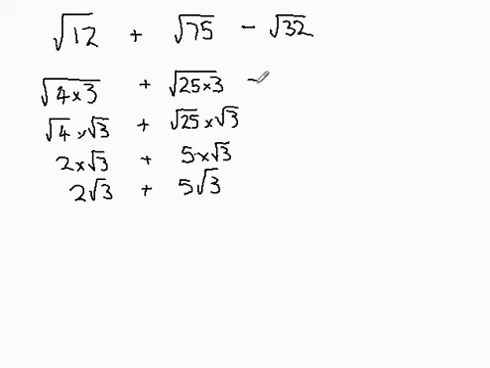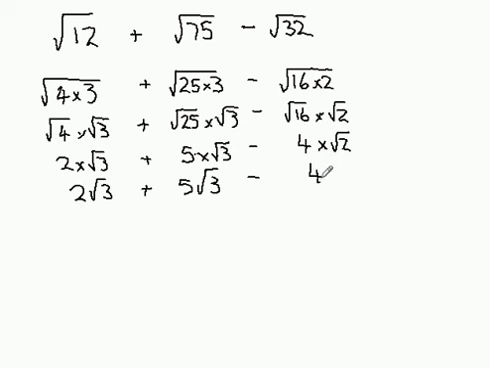Now here, these have got some minuses here. Let's do the last one. We can see that in 32, the highest perfect square we can find in there is 16, and that becomes 16 times 2. So that becomes root 16 times root 2, which becomes 4 times root 2, which becomes 4 root 2.